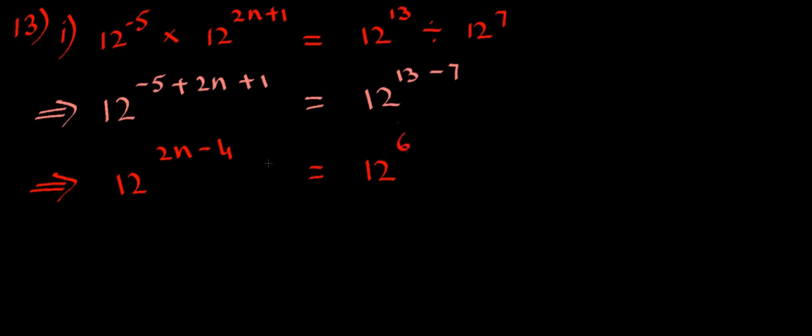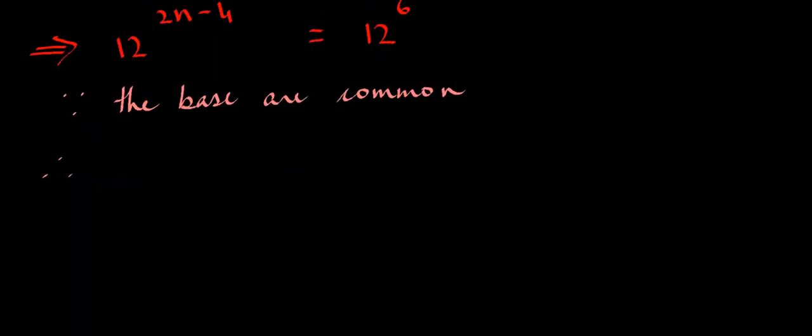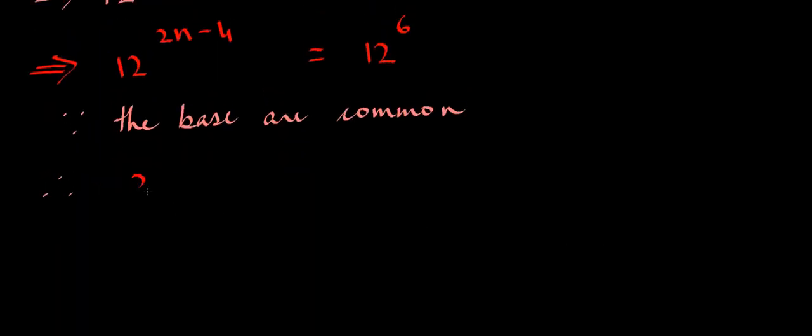Now if you notice, since the bases are common, therefore we can say that the powers are equal because there is an equal to sign. So we can say 2n minus 4 is equal to 6.